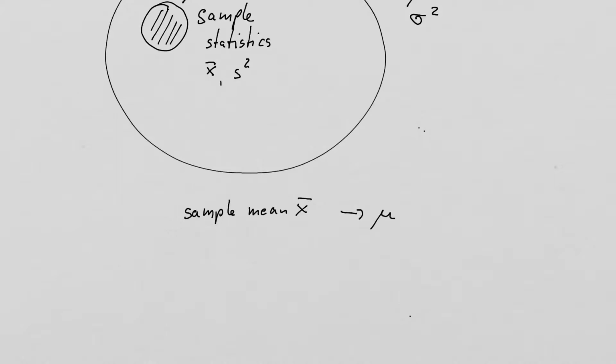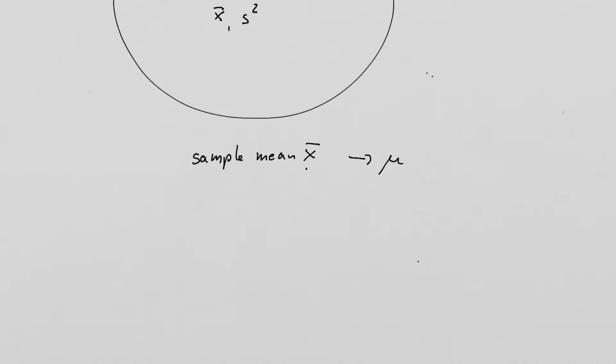So we would assume they are equivalent to each other. But of course, because we have only a sample, we cannot be sure that our sample mean is identical to the population mean.